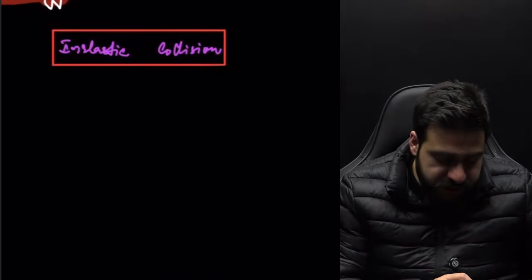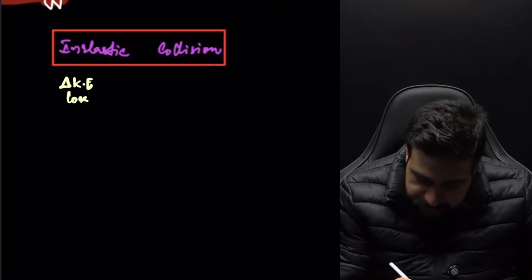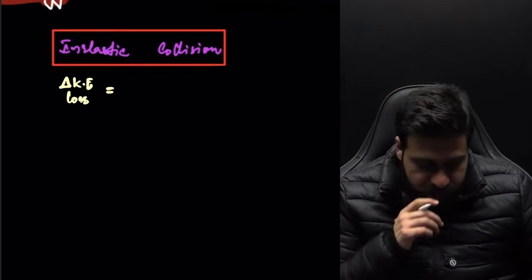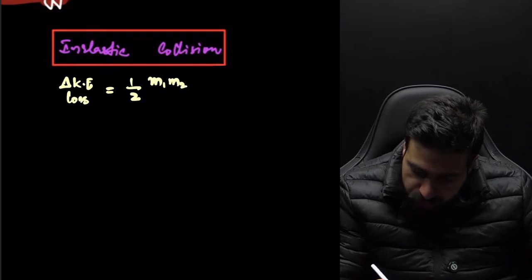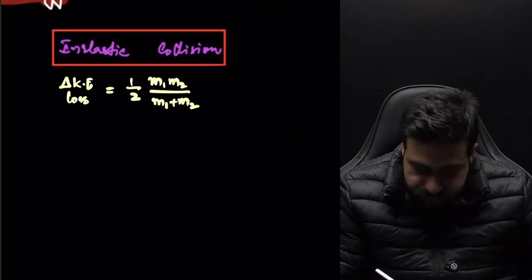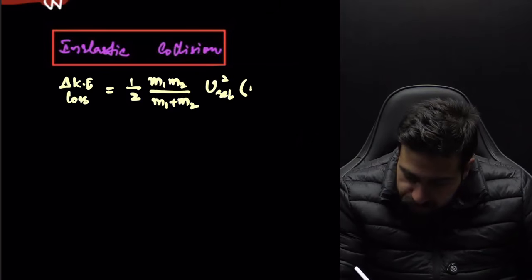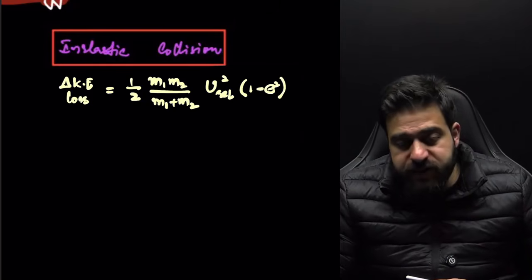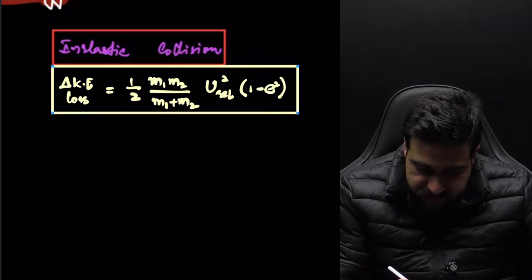In case of inelastic collision, what is going to be the loss in kinetic energy? Delta KE loss. I would want you guys to directly remember this. It is going to be 1 by 2, that is m1 m2 upon m1 plus m2, then u relative square, 1 minus e square. Where does this expression come from? There is a derivation for this, but we are not going to do that because that is just a wastage of time.